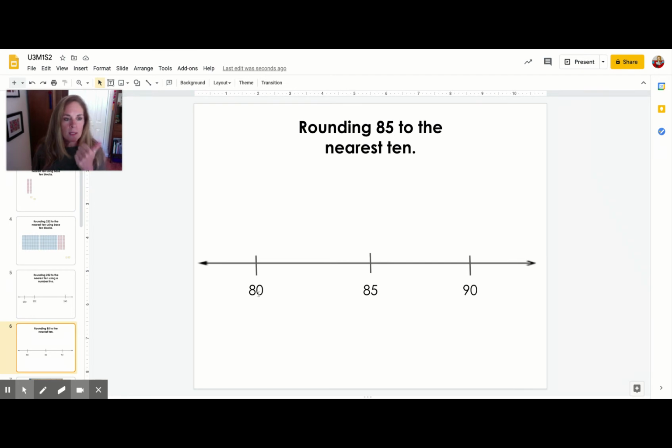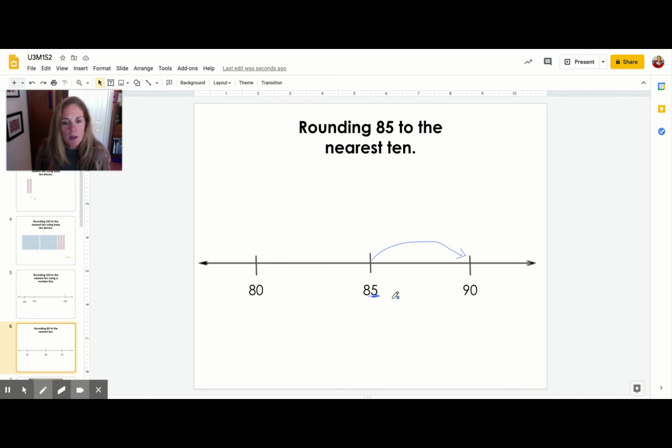So 0, 1, 2, 3, and 4 round down to the nearest 10, and 5, 6, 7, 8, and 9 in the ones place round up to the higher 10. So this is going to round up to 90 because it has a 5 in the ones place.